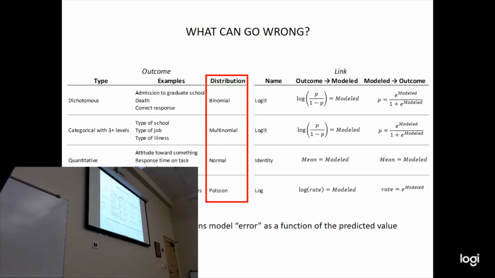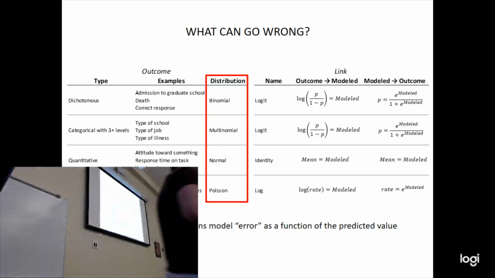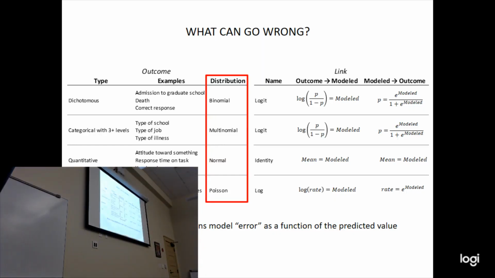To give you a sense of what can go wrong with the distribution, just as with dichotomous outcomes, most of these other kinds of distributions assume that there's a relationship between where you are on the thing that's modeled and the amount of error that you have. I talked about how at very low probabilities, you're not getting the rare event very often. Well, that's true with a lot of these different kinds of distributions.